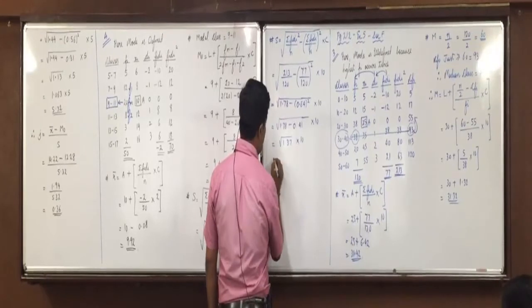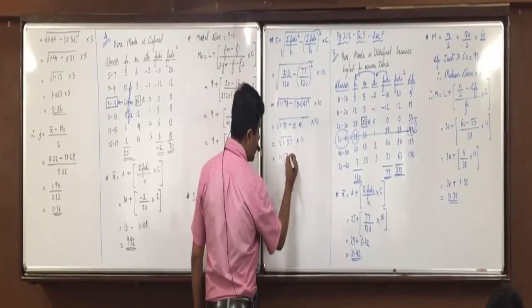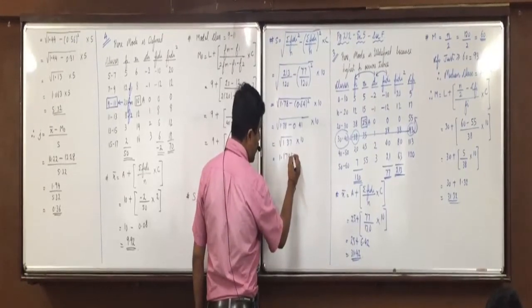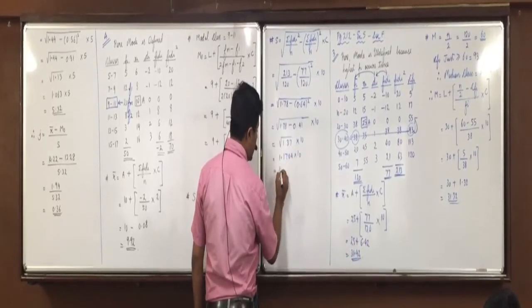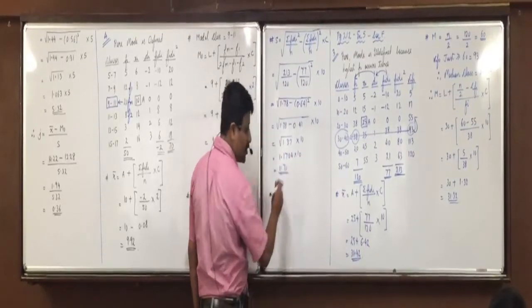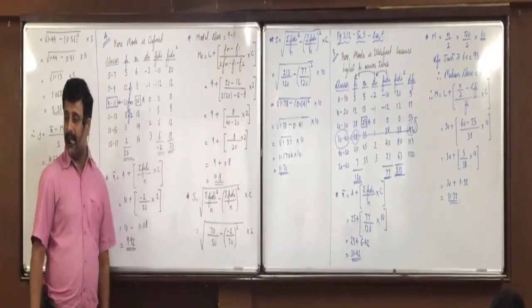Now tell me this in 4 decimals. 1.1704 into 10, so 11.704, that is 11.70. Did you understand this? Yes.